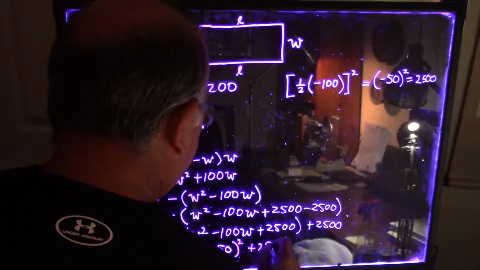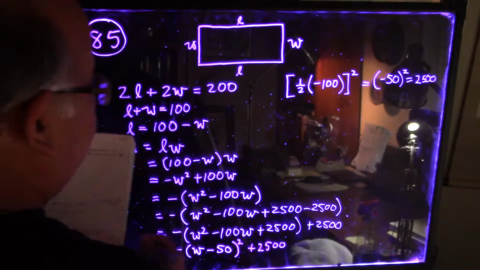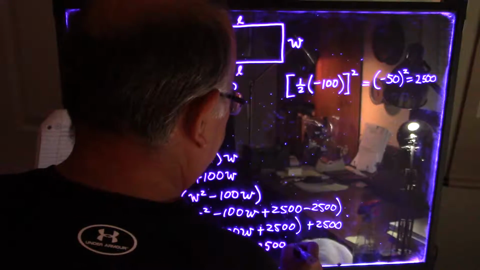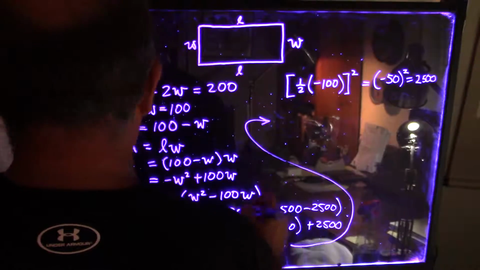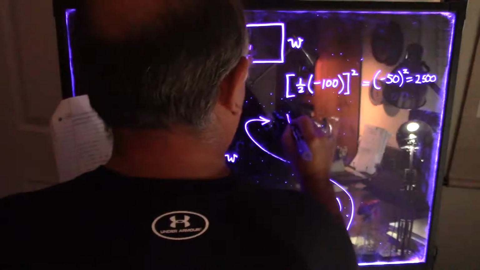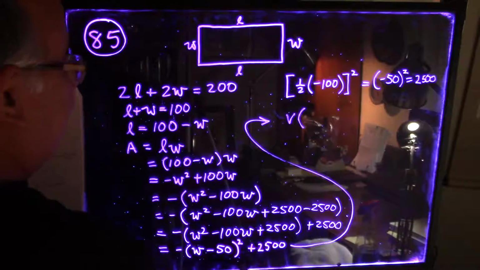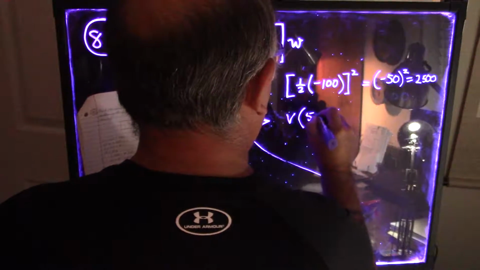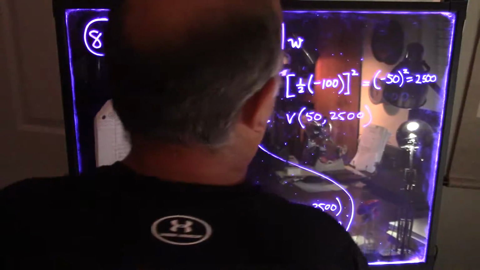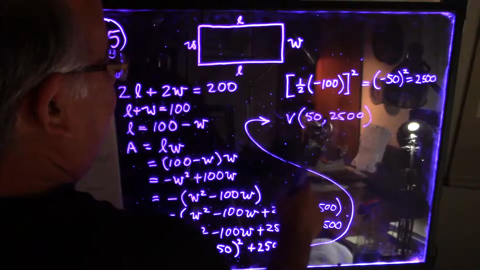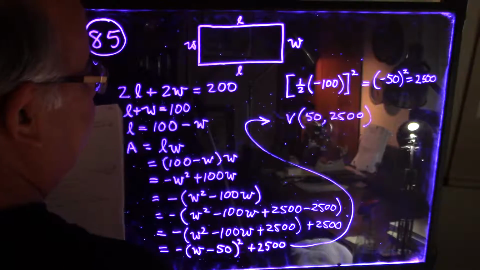Now we have a quadratic in standard form, and we can read the vertex right off of there. So let me go up here, follow the arrow. So the vertex V is 50, 2500. Now we're not working with x and y's, but the x here is w actually, width.